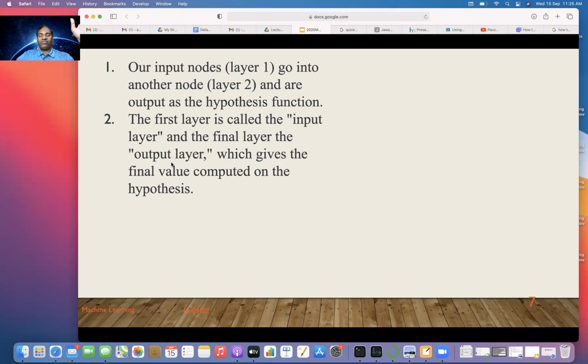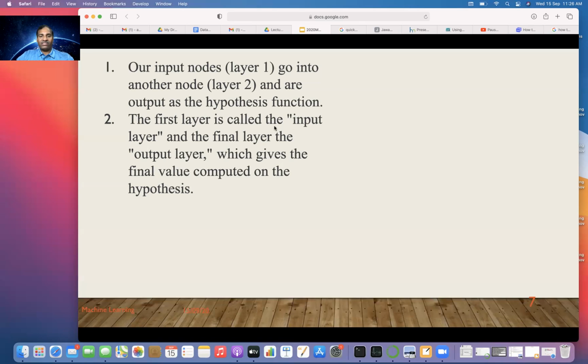Earlier we were computing linear regression and logistic regression, inputs to outputs directly. Now the inputs of the first layer are converted into different outputs, but that is not the final output. That becomes input to the next layer. The next layer also computes something by some functionality. Like that, it goes layer by layer.